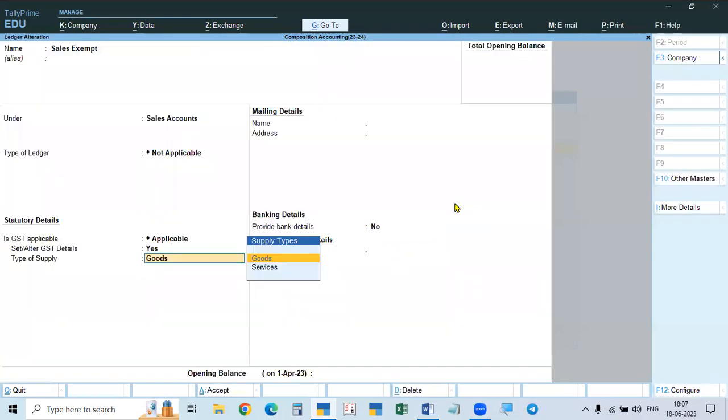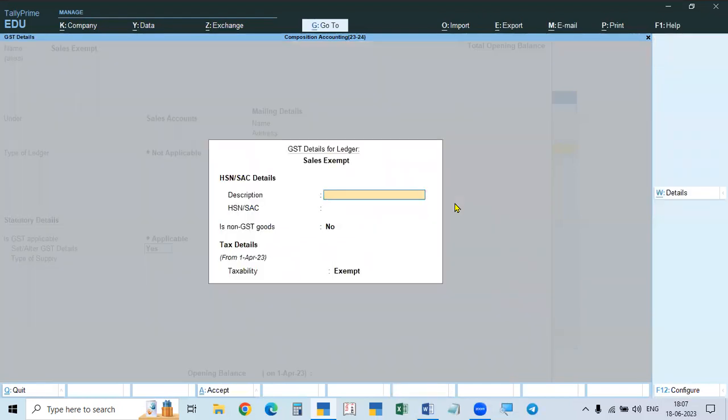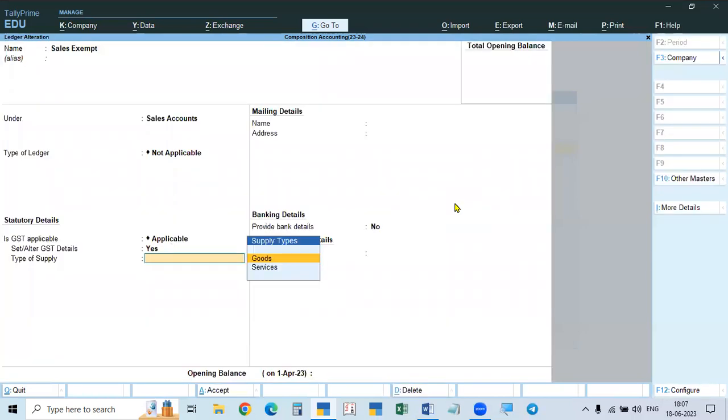So there will not be any tax collection. That's why they will not ask for any tax rates here. They are not giving any tax rates, just exempt or taxable. Then select goods, accept.